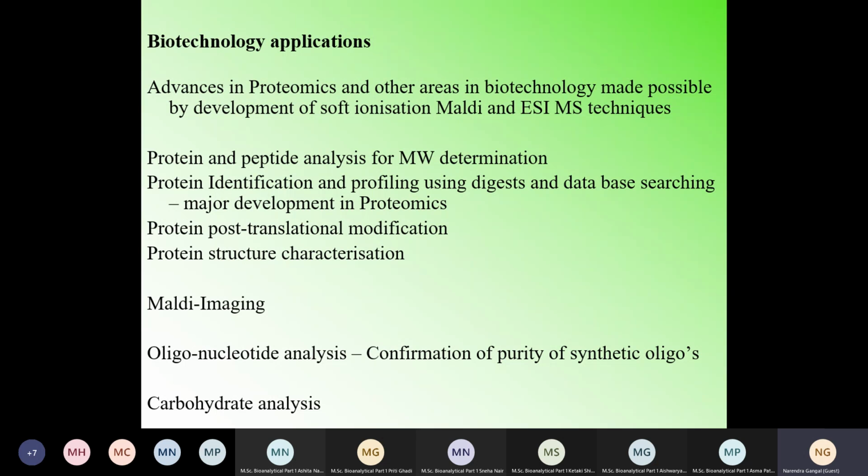It is typically used for proteomics. Just recapping, I take the matrix, mix it with my sample of interest, then put it on my plate and dry it. After drying, I bombard that sample plate with a UV laser. The matrix absorbs the energy.